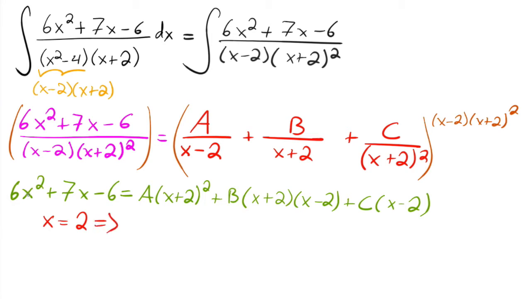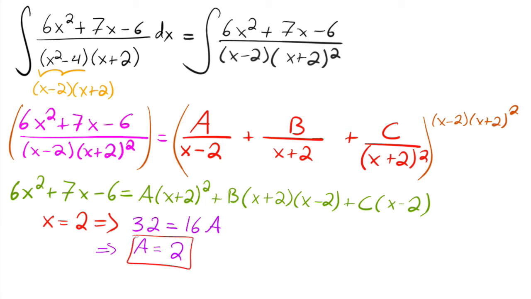On the left side, you have 2 squared, which is 4, times 6 is 24, plus 14 is 38, minus 6 is 32, equal to 2 plus 2 is 4, squared is 16A. So this means that A is equal to 2.